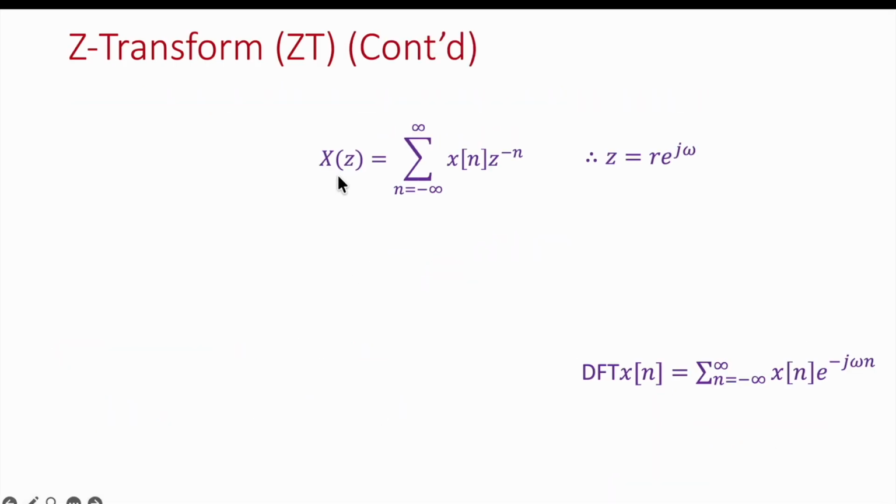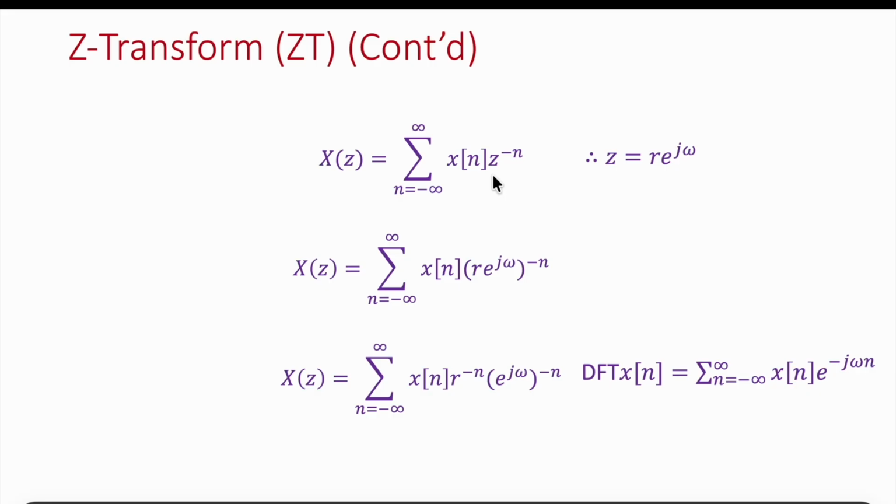So the formula for the Z transform, x of z, is equal to the summation where n varies from minus infinity to infinity of x of n z raised to power minus n, and we replace z with r e raised to power j omega. R is the amplitude, if there is an amplitude. So we just replace z with this value: x of z is equal to the summation from minus infinity to infinity of x of n times r e raised to power j omega, whole power minus n.